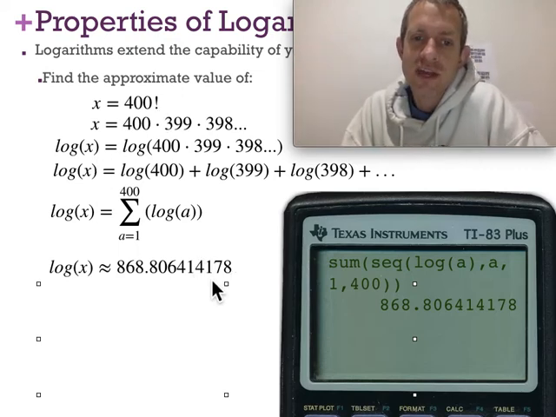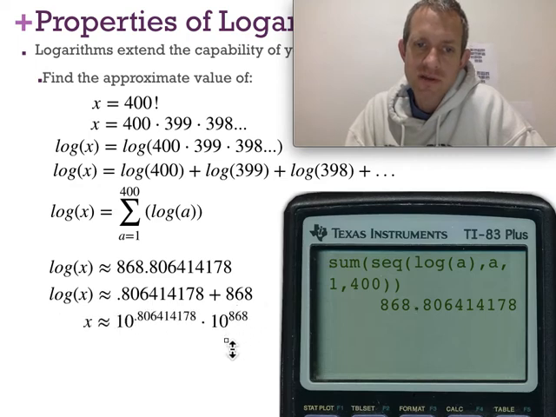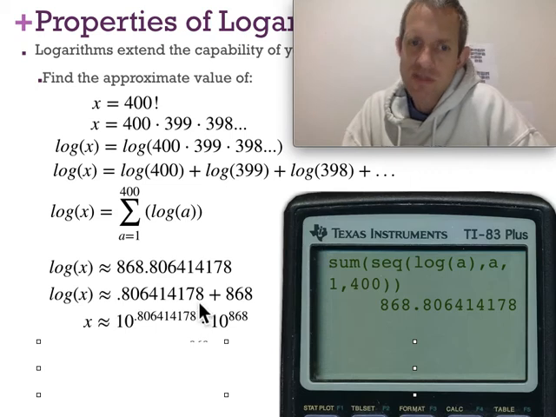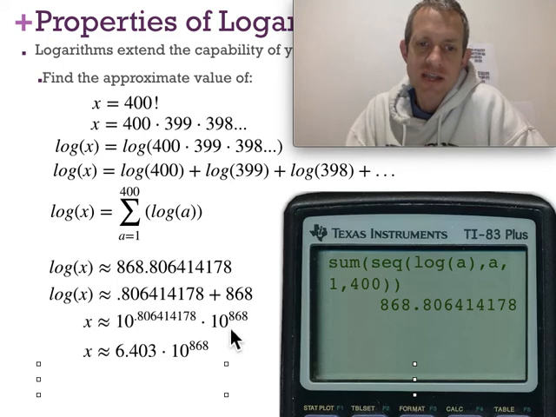Yeah, your calculator can't display that. But if we split it up like that, we can take 10 to each of these parts. And 10 to the 0.806 is something you can type into your calculator, and you'll get this 6.4 number. And it's this 10 to the 868 part that you'll just have to leave off.